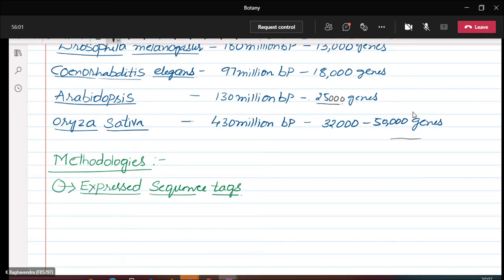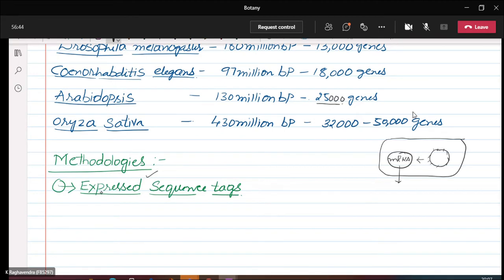For example, there is a cell, in which this is an E. coli. Now all the information present in the DNA which is going to be expressed will be expressed as RNA first of all. Why? Because it will be converted to RNA. You will get mRNA. So if you take only mRNA and identify the genes which are expressed as RNA, then that is sufficient. You will get the total number of genes present in that particular organism. This is what they did in the first methodology. They simply identified the genes which are expressed as mRNA.